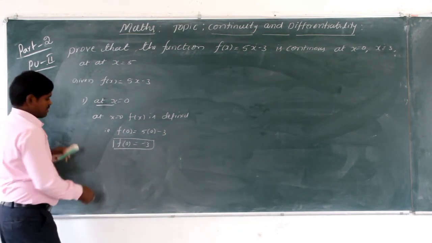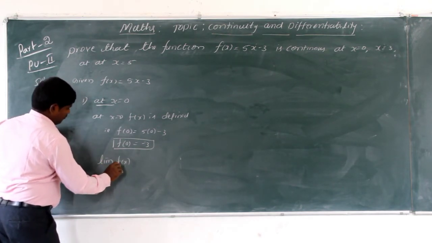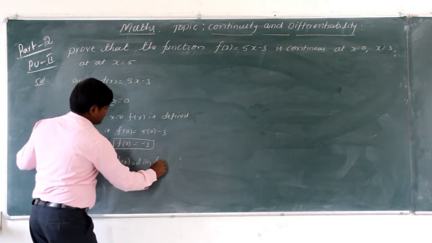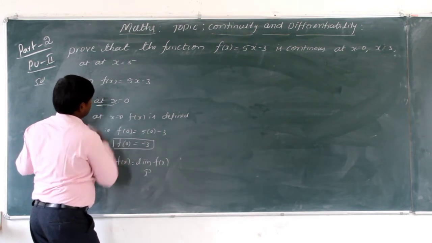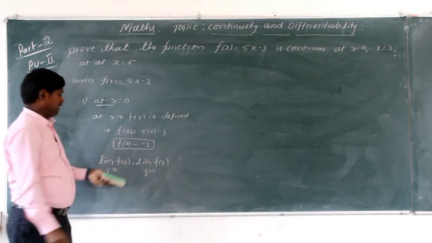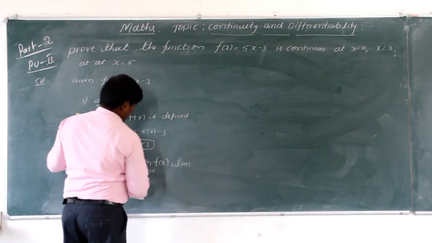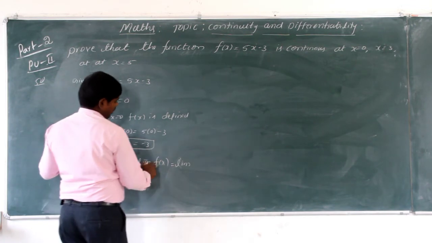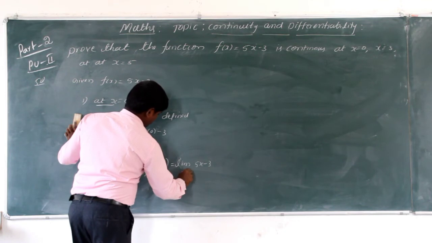So we need to find the limit of the function. So limit of f of x as x tends to a. We prove that at the particular point x equals 0, it is continuous. So therefore we take 0 in place of a. So which is equal to limit as x tends to 0 of 5x minus 3.